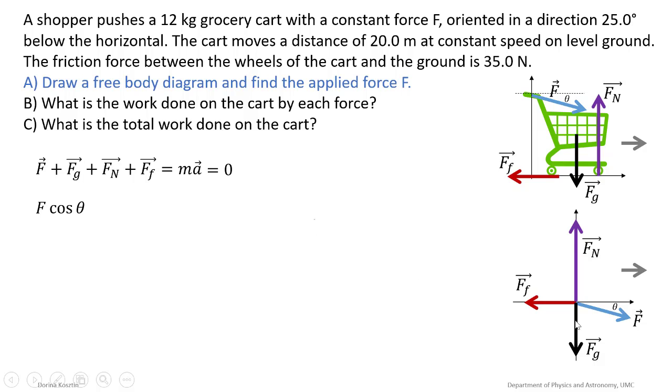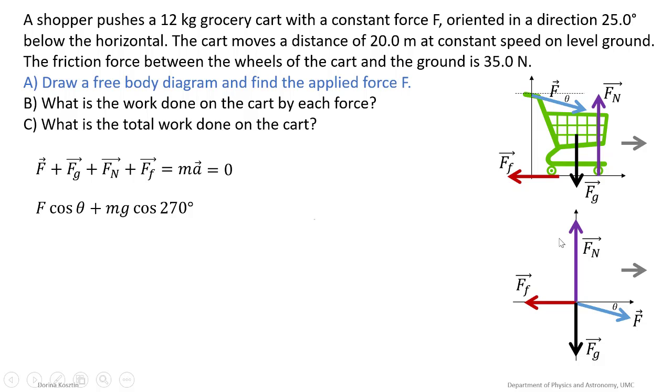In this case, the force of gravity makes an angle of 90 plus 90 plus 90 with a positive x-axis measured counterclockwise, which is an angle of 270 degrees. Therefore, we can write that the x component of the force of gravity is equal to the magnitude of the force of gravity, which is calculated as mass times gravitational acceleration, multiplied by cosine of 270.